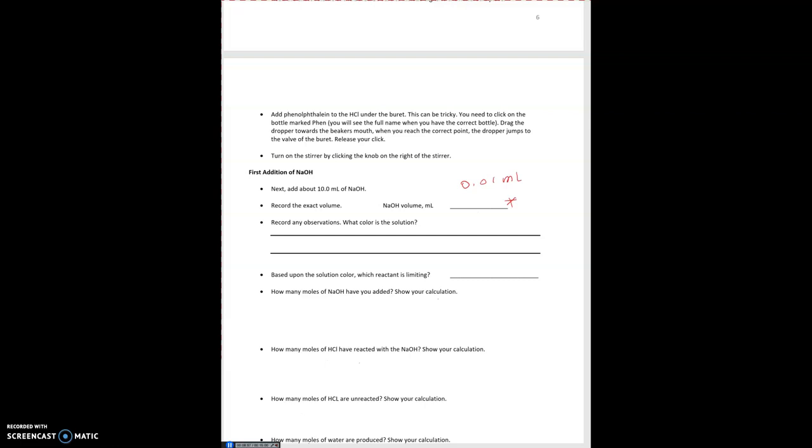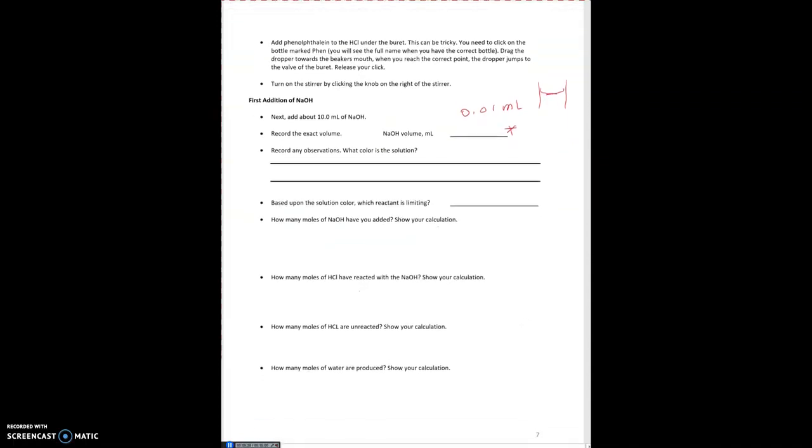And you can read that carefully by clicking on the center of the burette, and then that should open up the window to be able to read your burette carefully. And remember, you always read the meniscus, the bottom part of the arch in the burette.